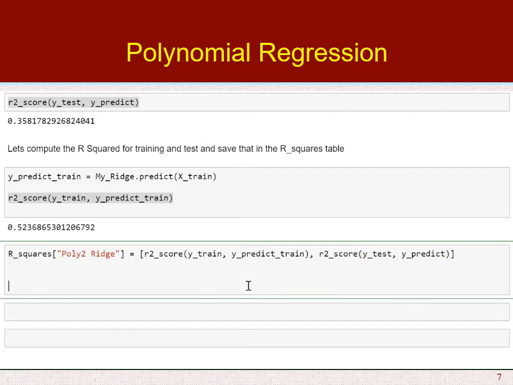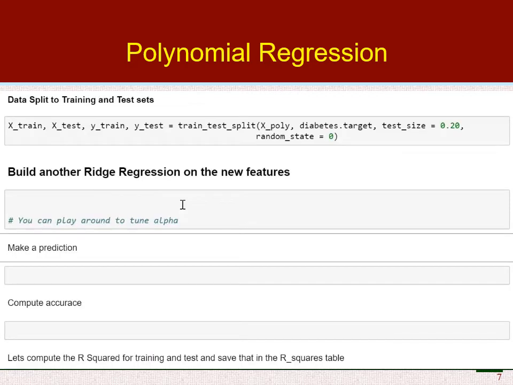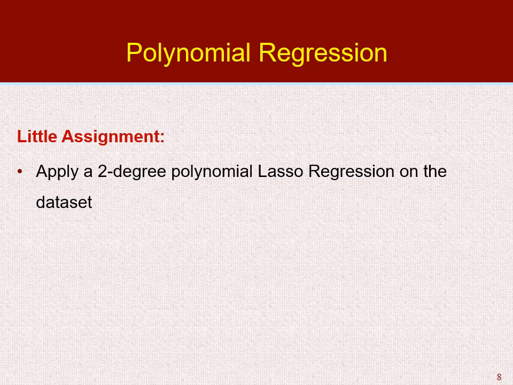So let's print out the R squares now. This is the last column. We have the degree 2 polynomial ridge regression. Here's a little assignment that you can do. We did the 2-degree polynomial ridge regression on our data.